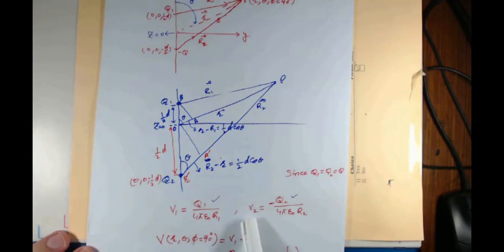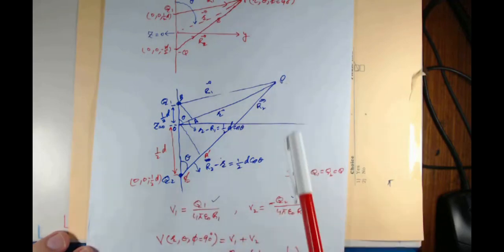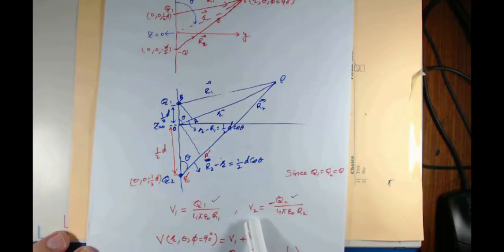And similarly, the potential at point P is V2, which is equal to minus Q2, because Q2 has a negative sign but is equal in magnitude to Q1.